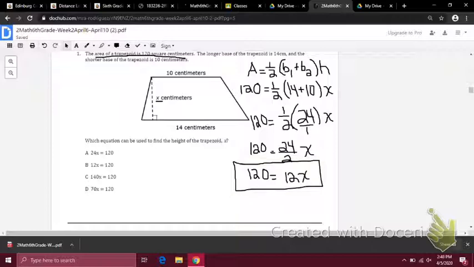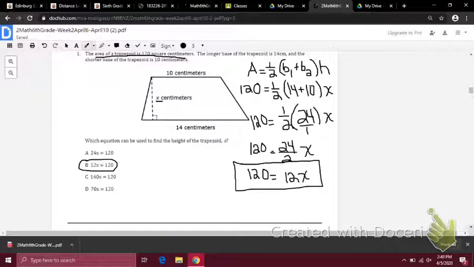If you look at your answer choices, you can see that answer choice B says that. 12x equals 120 is the same thing as 120 equals 12x. They don't actually want you to solve it here, they just want you to find the equation.